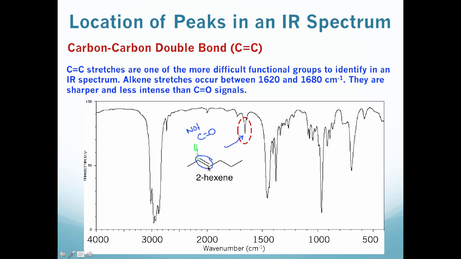In many cases, the carbon sp2 hydrogen bonds will show up just above 3000 wave numbers, and that's what this peak here corresponds to. That corresponds to the sp2 hybridized carbon-hydrogen stretches. So that helps us to confirm that we have an alkene in our molecule.